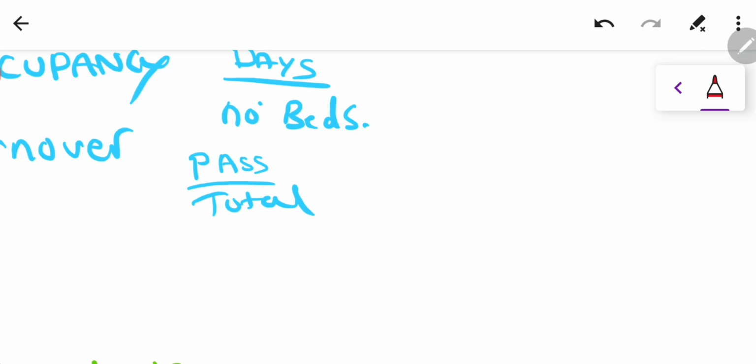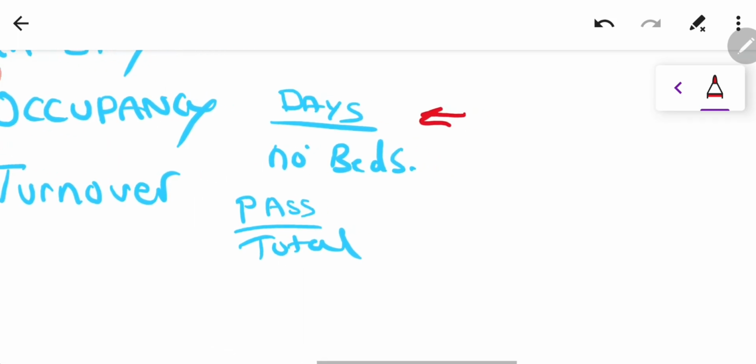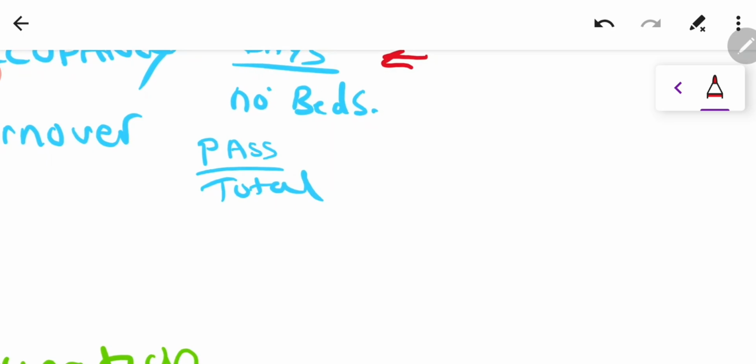Okay, so this is talking about days the patient has been in the bed over the total number, and bed turnover literally says total patients passed over total beds.